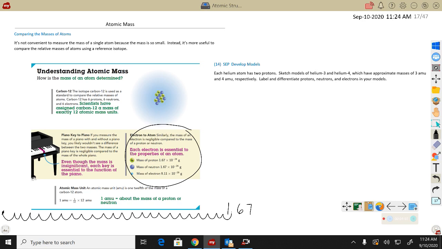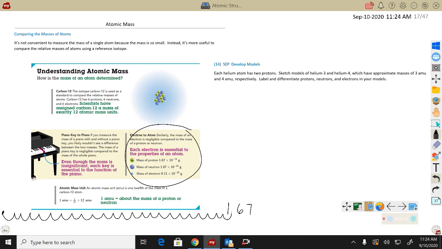Because one key compared to the size of the overall piano is pretty insignificant. And it's kind of the same with electrons. Every electron is very important to the function and the properties of the atom, but the mass is kind of insignificant.